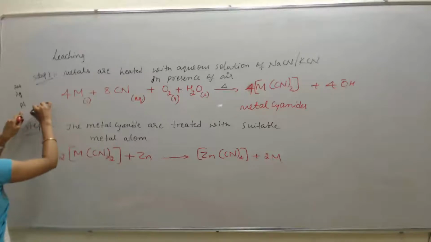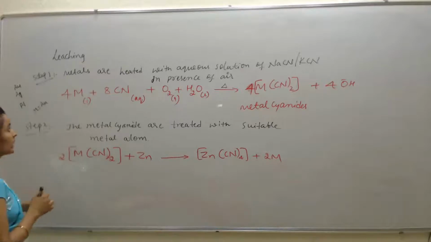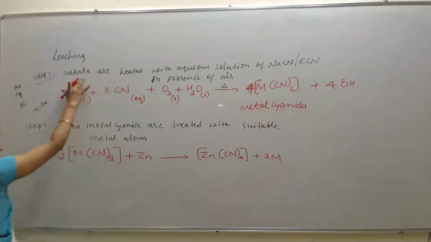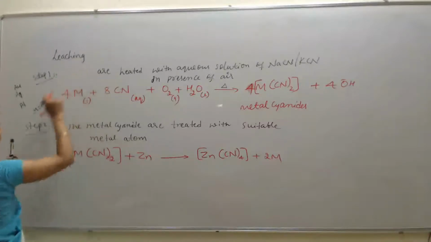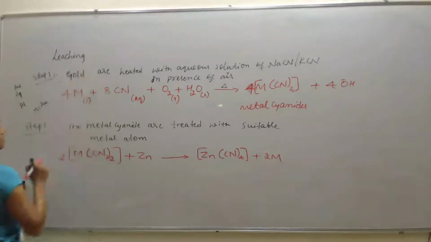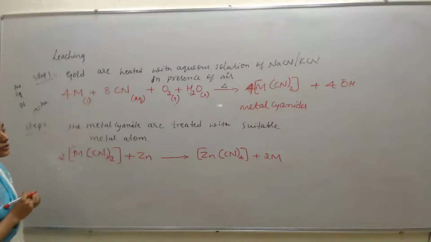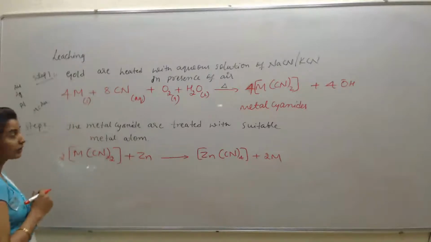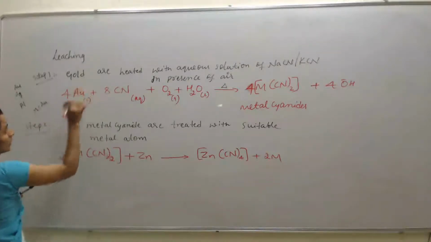If M may be gold, then what happens? This M is replaced by Au. I'll change it here only. Metals are heated, so in the place of metal you take gold. If you take gold heated with aqueous solution of NaCN in presence of air, this M is replaced by Au.